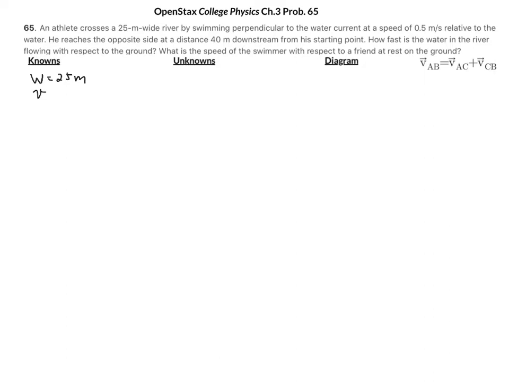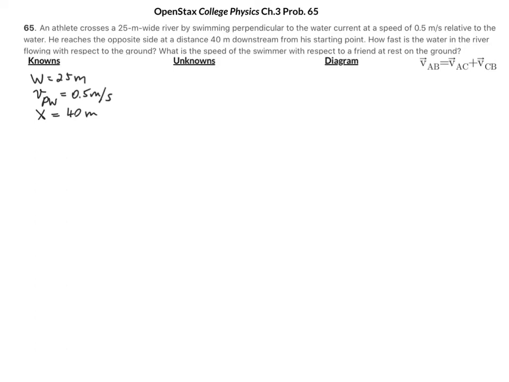So I have velocity of the person relative to the water is 0.5 meters per second. And I know that the river is going to take him 40 meters downstream, so I'll call that X, I guess. And that is 40 meters.